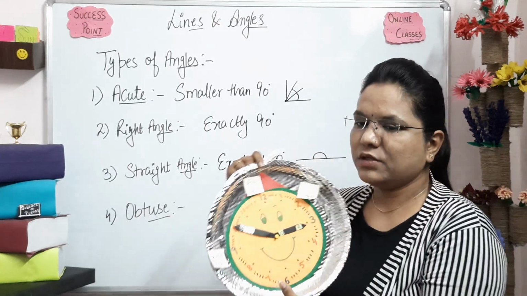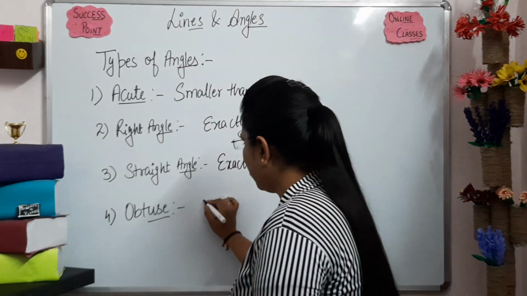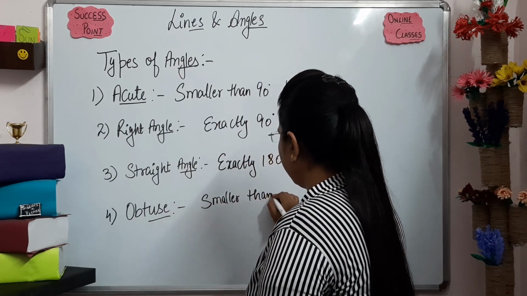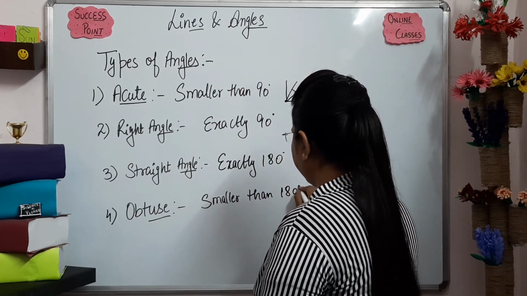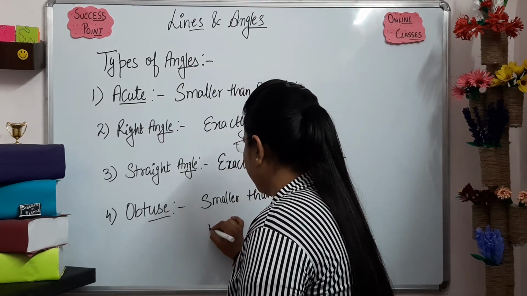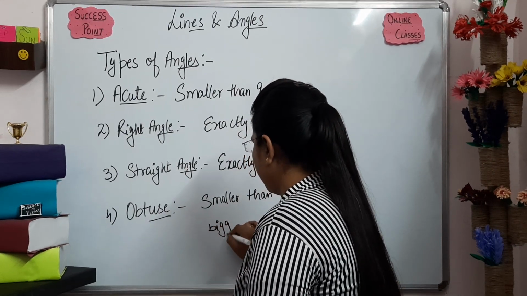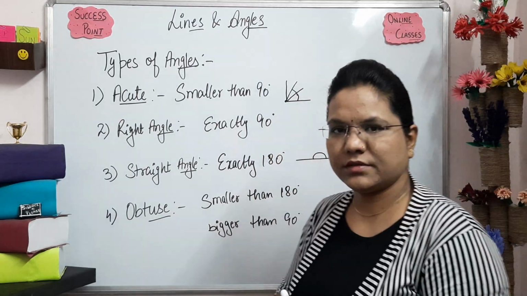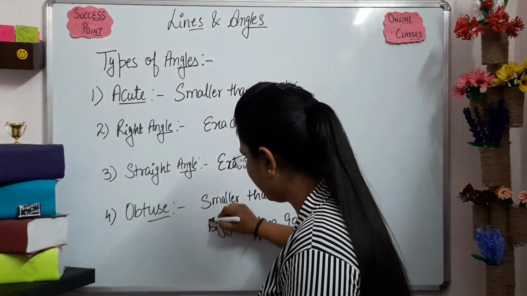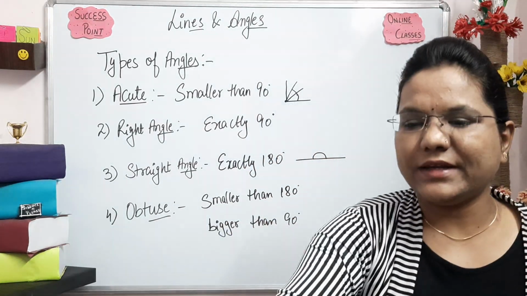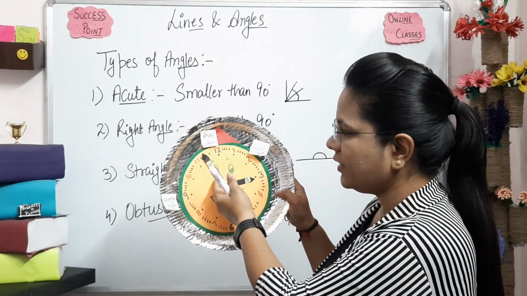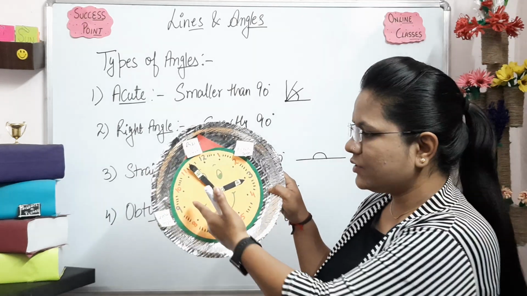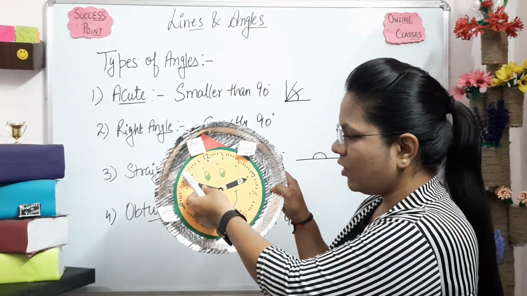So we can say angle smaller than 180 degree and bigger than 90 degrees. Okay? So if we get a value more than 90 degree and less than 180 degree, all these angles we will call obtuse angle.